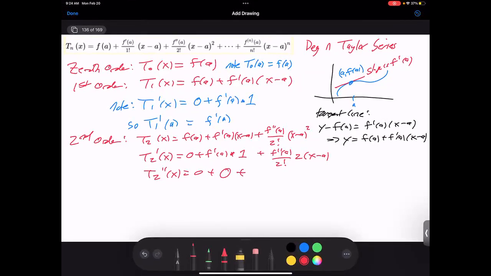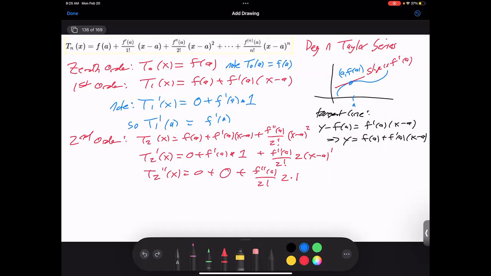And now I have f double prime of a over 2 factorial. I take the derivative, I have 2. The derivative of x minus a is just 1. I'm going to actually write this as 2 times x minus a to the first power, just to make it a little bit clearer what's going on.